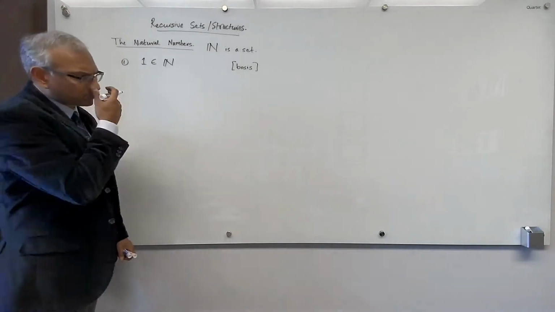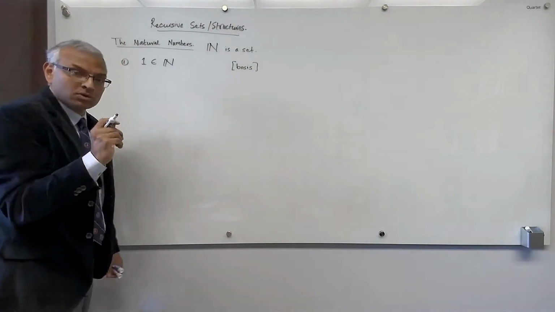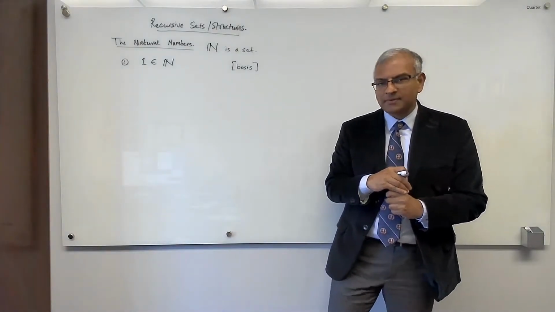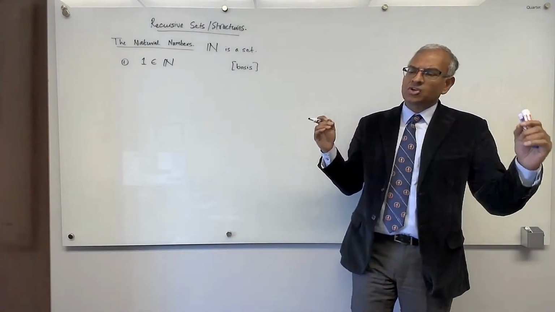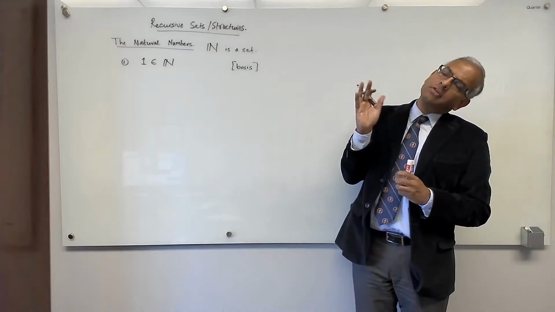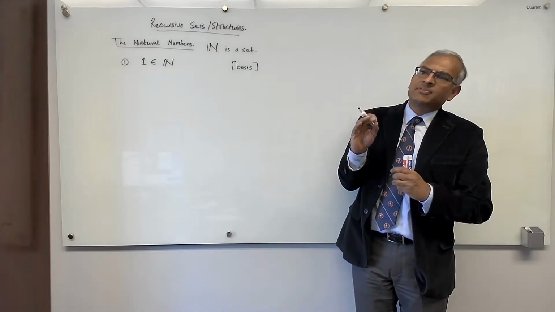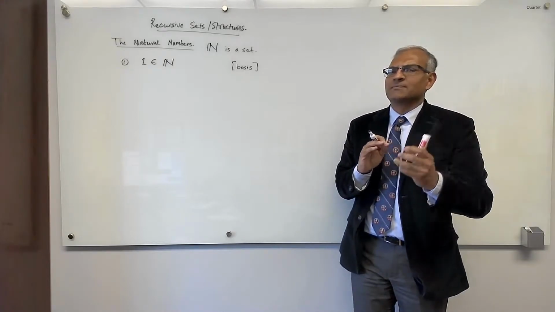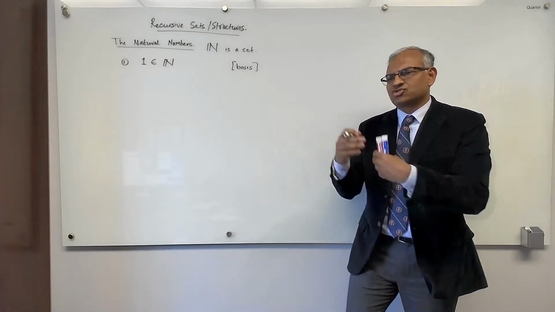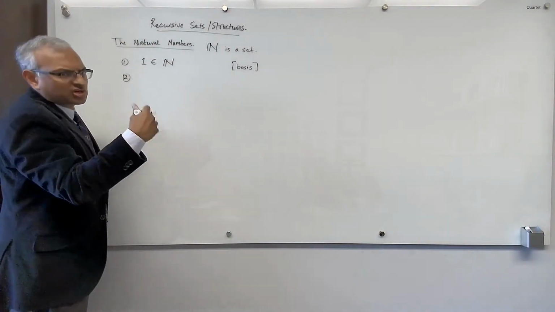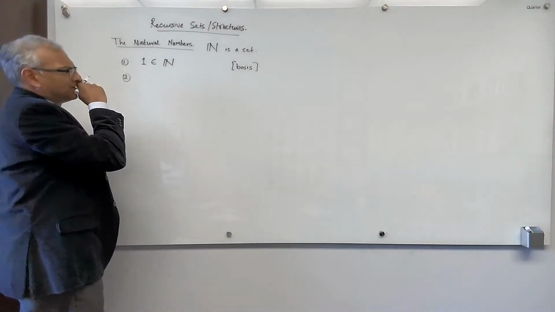Okay, good to know. Now, what I'm going to do is give you what's called a constructor rule. Now what does this do? What the constructor rule does is it says, if you know that something is in your set, is there a way for you to get something else that's in your set? So that's why we call it a constructor. Can you construct new things that are in your set? The constructor rule is going to be very simple.